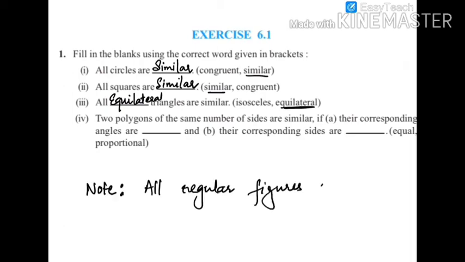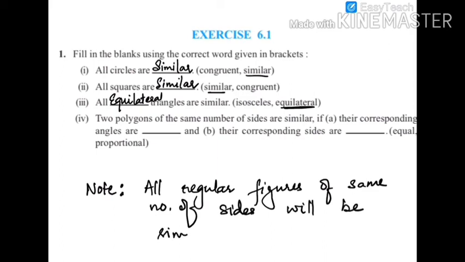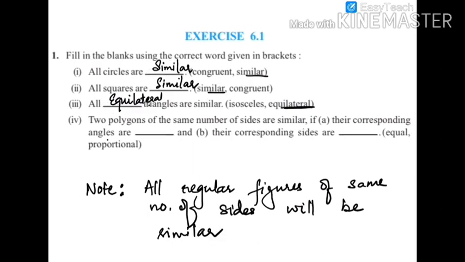All regular figures of the same number of sides will be similar. Fourth part, two polygons of the same number of sides are similar if their corresponding angles are equal and their corresponding sides are proportional.